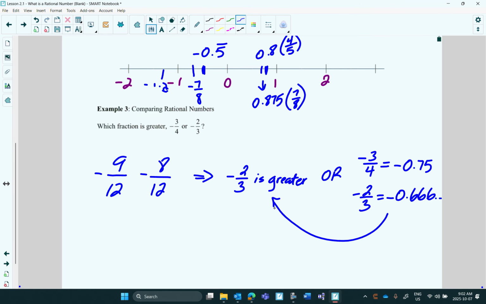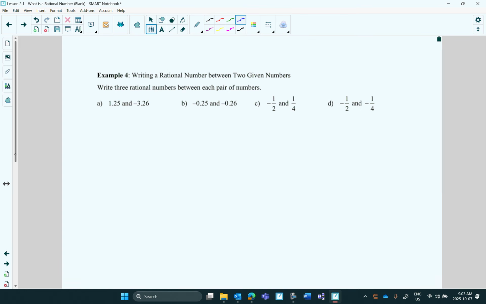Okay, last example. Write 3 rational numbers between each pair. And they sort of get progressively closer to each other.